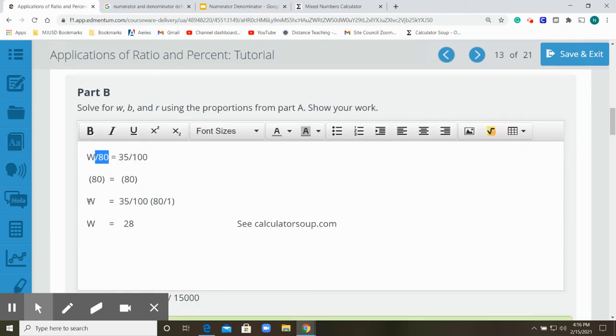So white equals 35 over 100 times 80 over 1. Again, use calculator soup. So 35 multiplied by 80 divided by 100 equals 28.